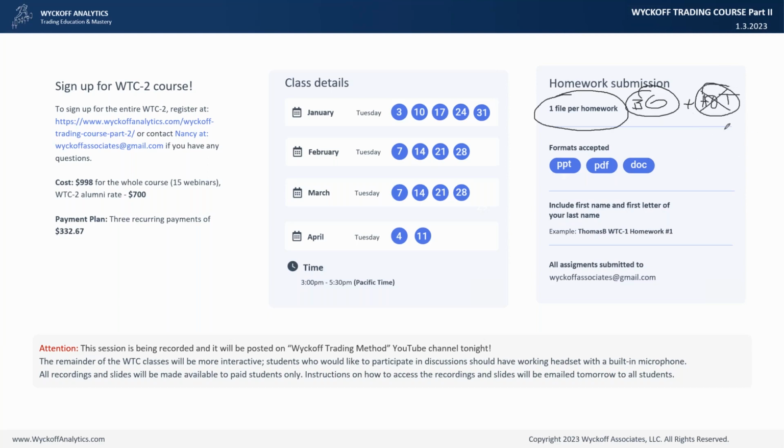This is just going to be for our group, the ones that sign up, but the bias game we'll go through today. As usual, the formats that I would like to receive your files in are PowerPoint, PDF, and Word doc. Also, don't forget about naming the file correctly. I apologize, it should be WTC2, homework number 1, and send it to wyckofassociates@gmail.com.